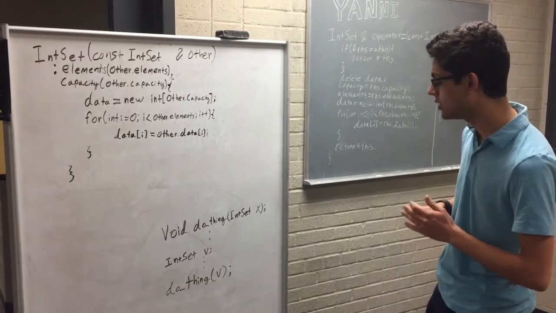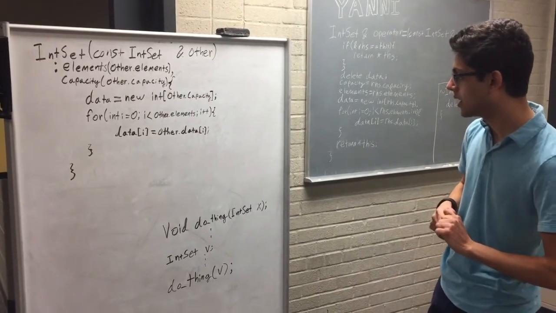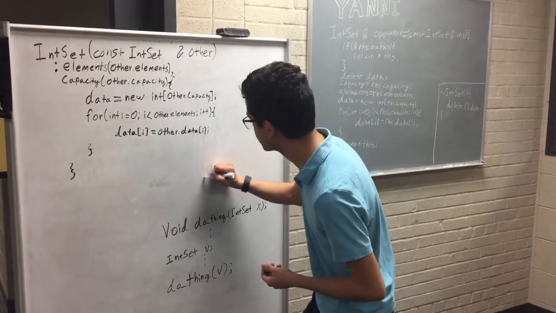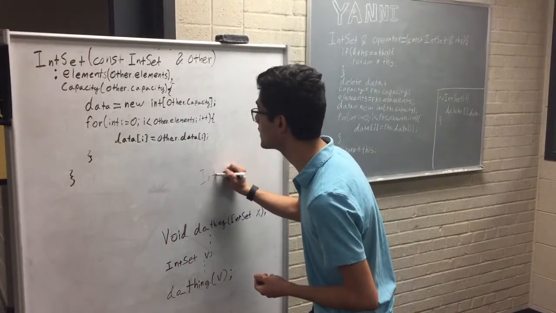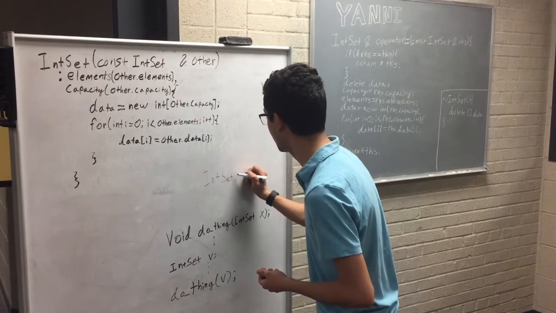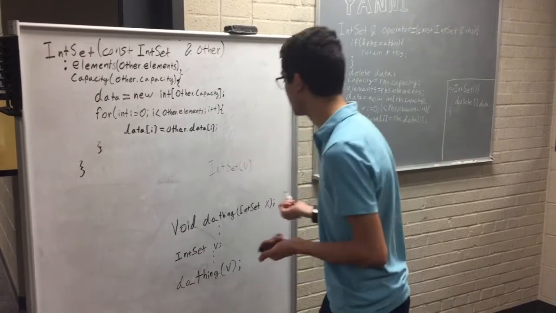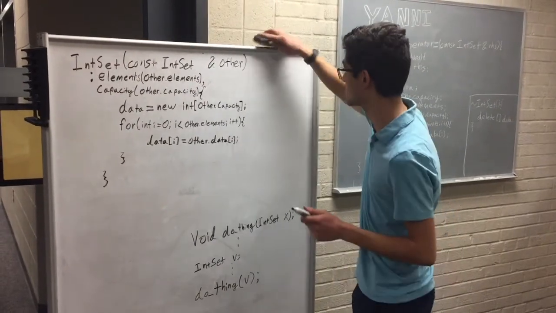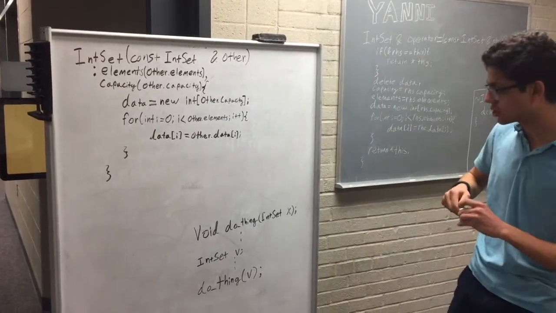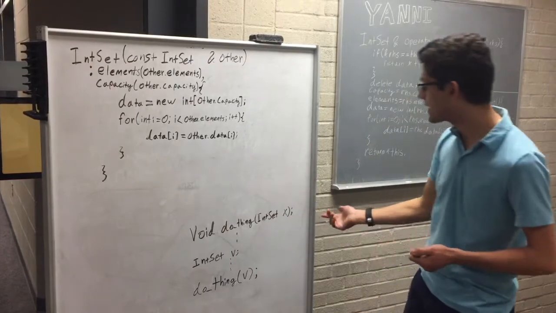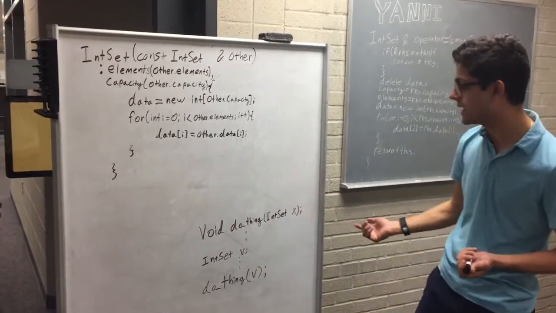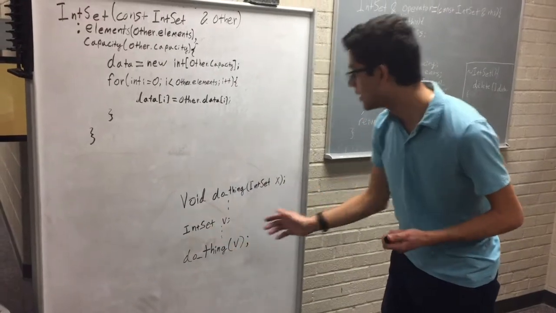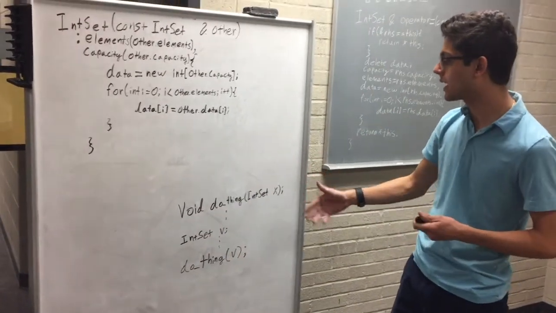And one thing you might be wondering is, when would this be useful? Well, it could be useful when you explicitly call it like this, int set, and then you could pass it an inset you already have. Or another subtler case where it would be useful is, let's say you have a function called doThing, and it takes in an inset, and we want to call it with some inset, but we want to be creating a copy.